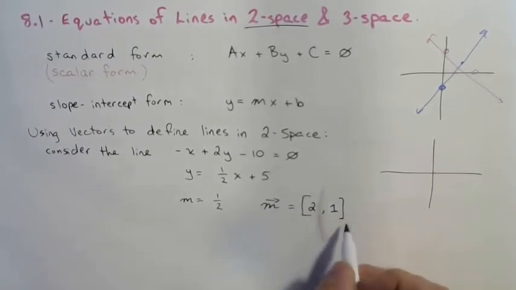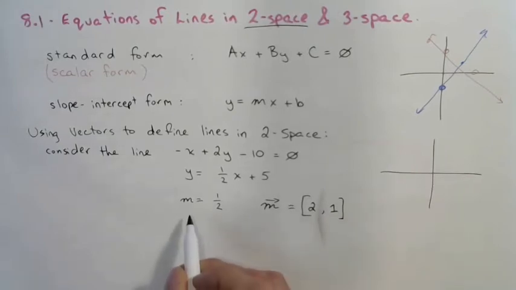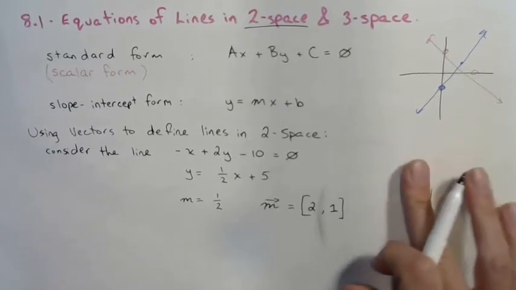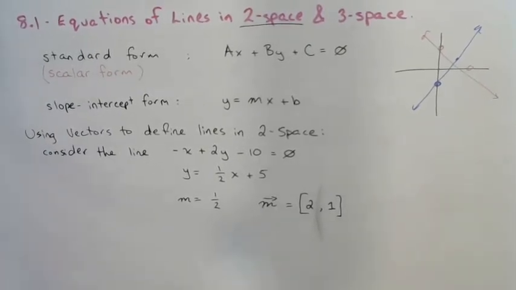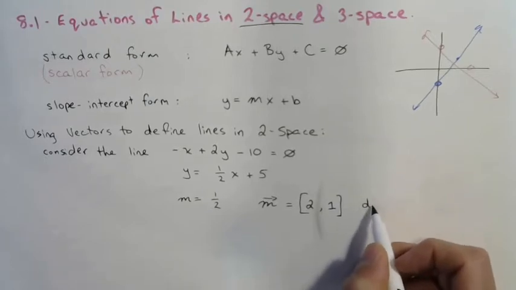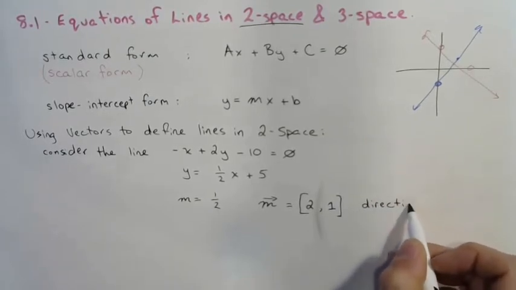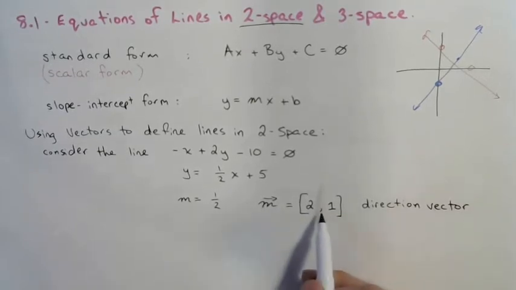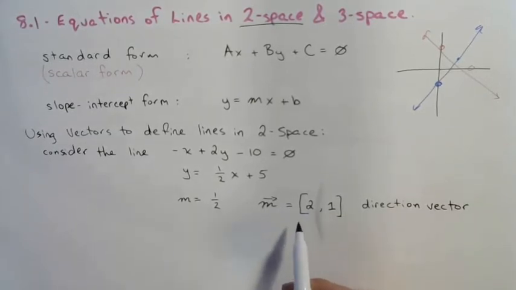So now this vector represents the direction of my line in 2-space. I'm just going to erase that for a second. We will draw a diagram, but I want to note that this is the direction vector.